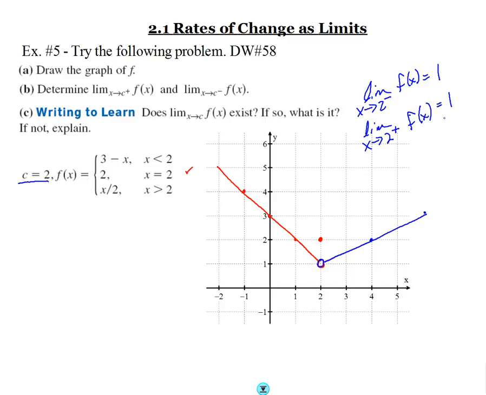Well, what I'm seeing here is my intended height for both the left and the right is the same place. Because of that, I'm going to say yes, my limit does exist. So for part C, the limit as x approaches 2 of my function is equal to 1.